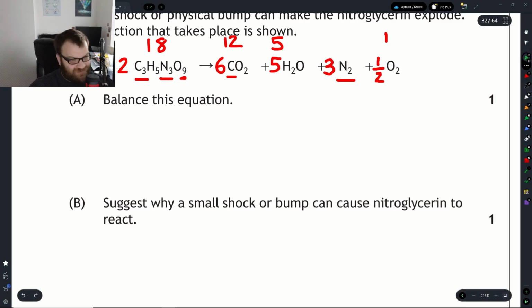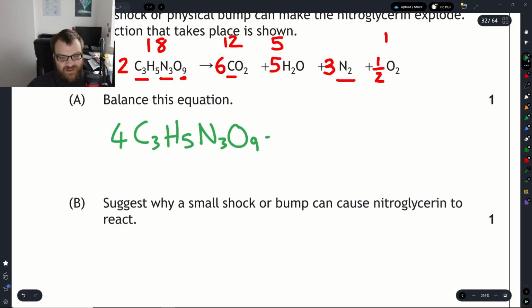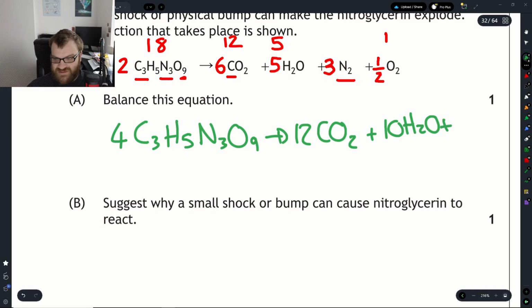A way around that, maybe not so much for this one because there's lots of big numbers in there, and it's accepted, is if you use multiples of your values. So instead of having 2, we could put 4 H5N9. Then instead of having 6, we could double that up to give us 12 CO2, plus instead of 5, we'll have 10 H2O, plus 6 N2.